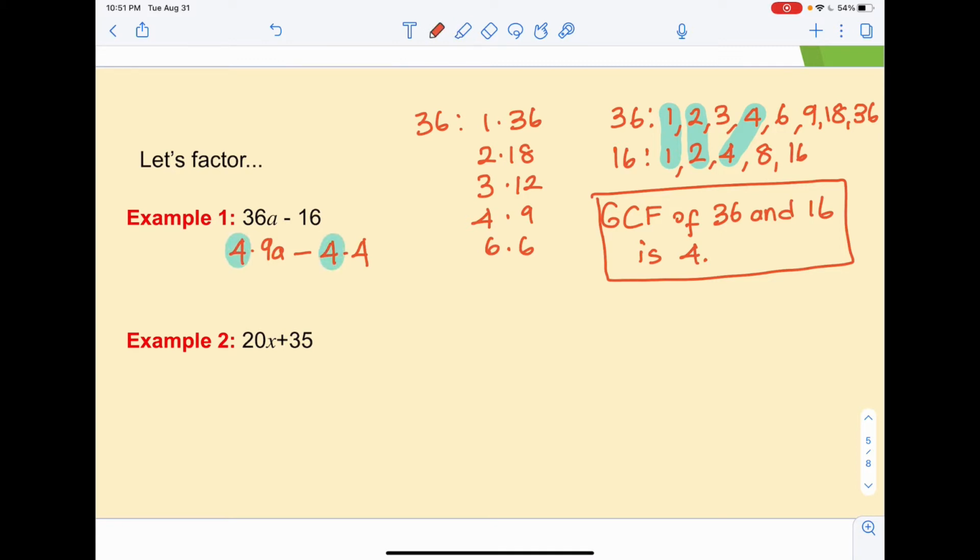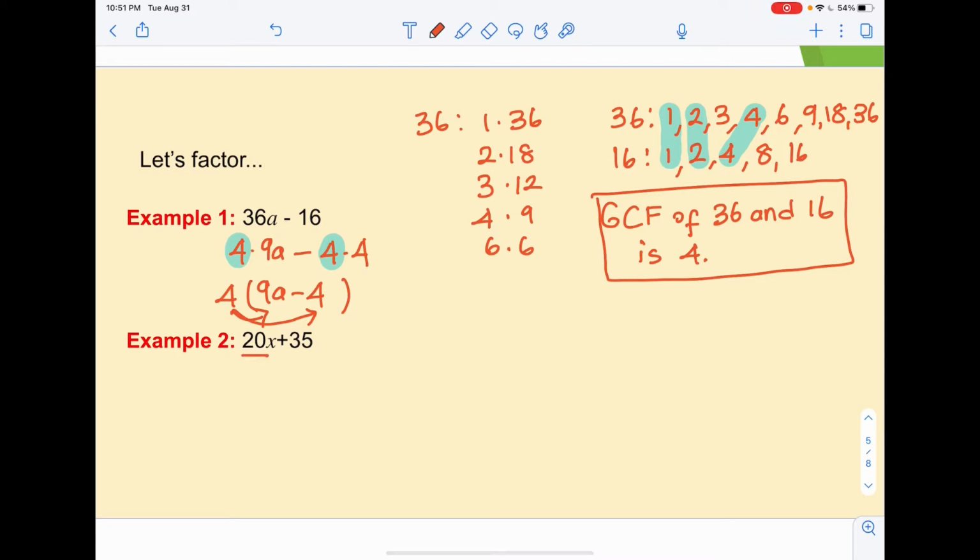So I can write this 4 outside the parentheses, and then inside I can write 9a, which is left, and 4. Let's check. If you distribute 4 over 9a, you will get 36a, and if you distribute 4 over negative 4, you will get negative 16. So we got it right. Well done. Let's go and check the next one.